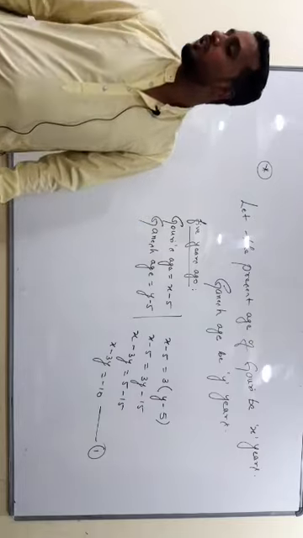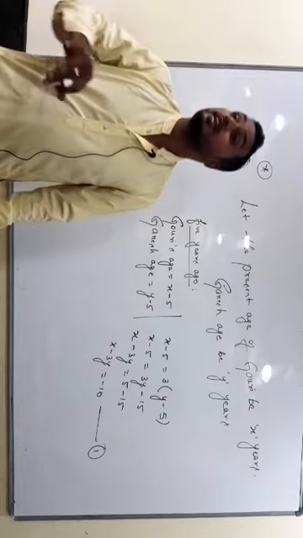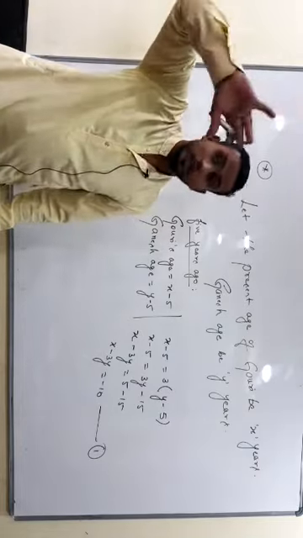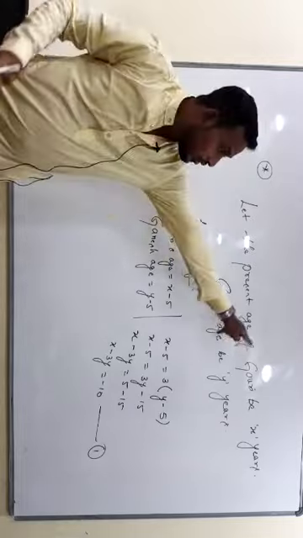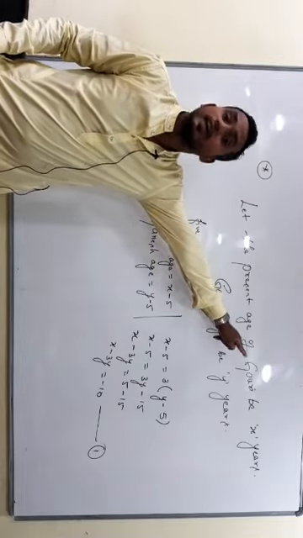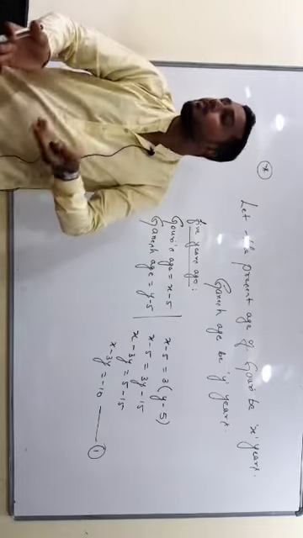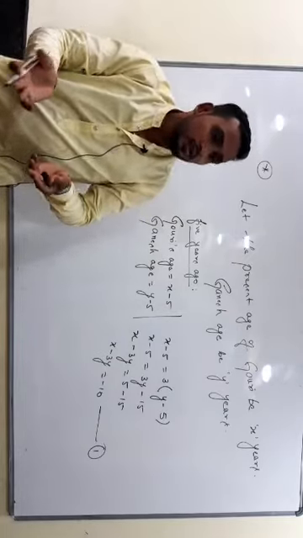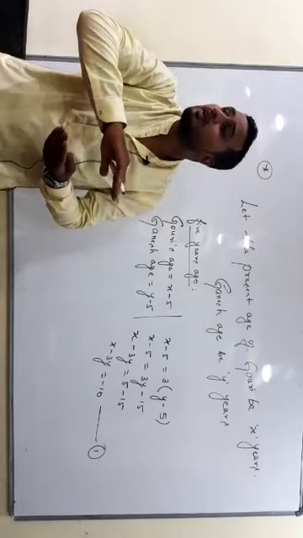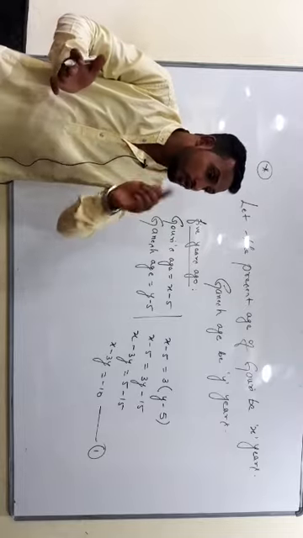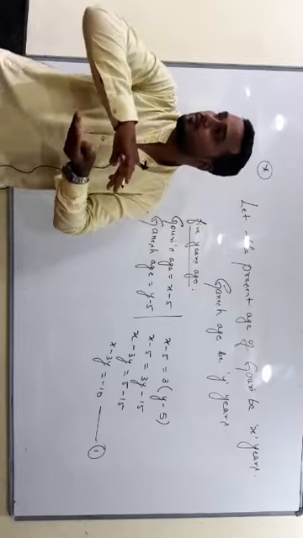What is the next condition? 10 years later. What is the present age of Gauri? X. After 10 years, how much will it be? Plus 10. 5 years before means minus 5. After means plus. Before or ago means minus. Understood?